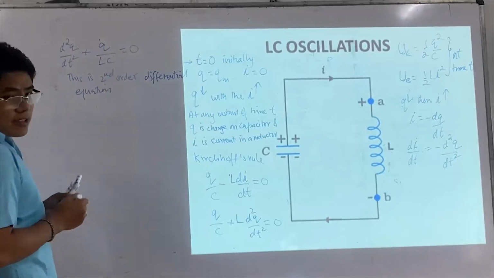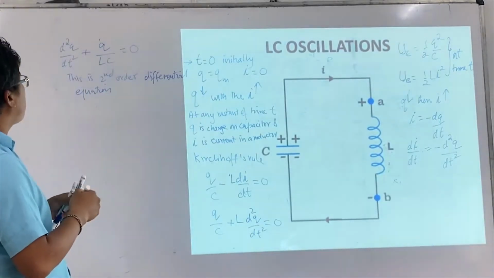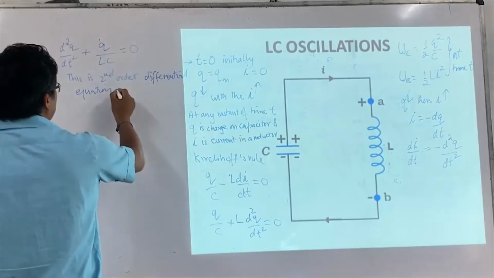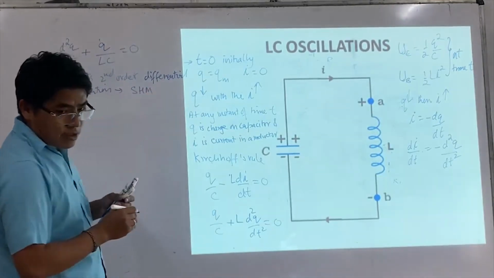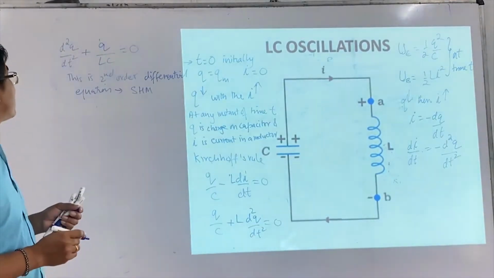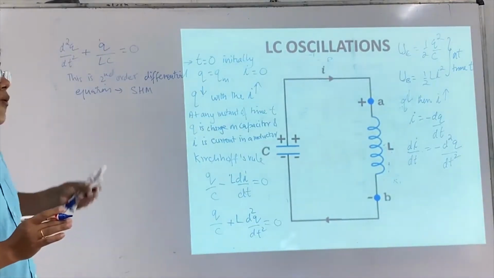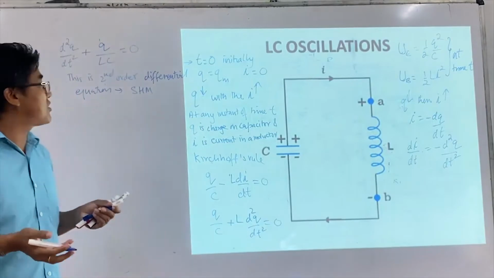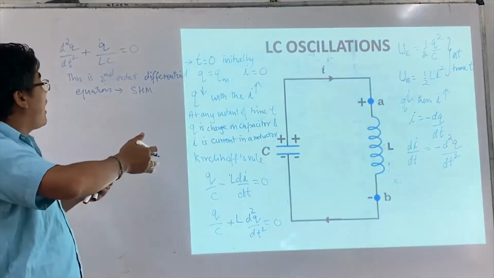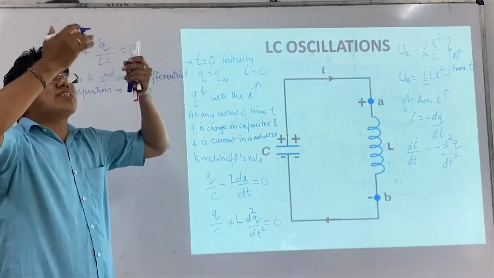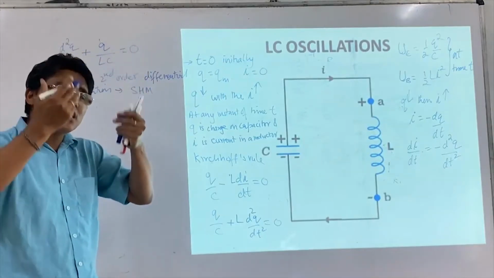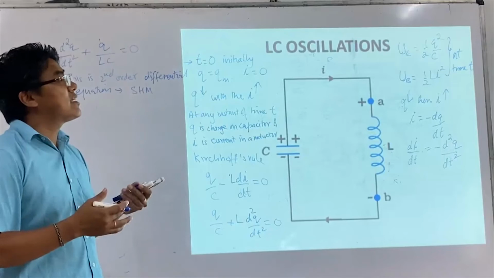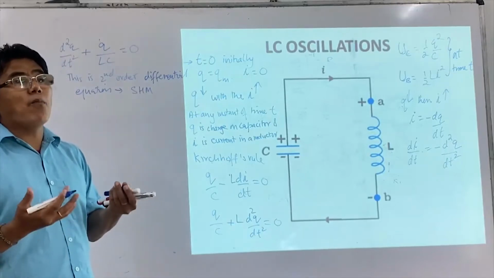And this equation represents simple harmonic motion. What exactly I mean by simple harmonic motion is how the charge decreases, how the current increases, how the charge increases and how the current decreases is very much simple harmonic in nature.